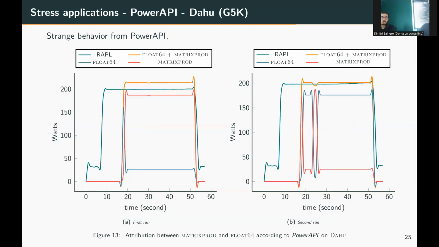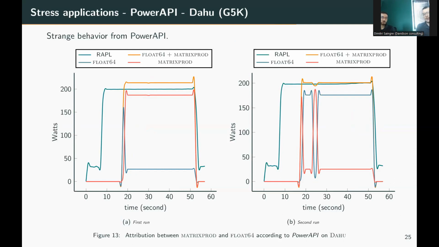The reason is that we found what I think are bugs in the Power API model, where the model does not always give the same results for the same entries.